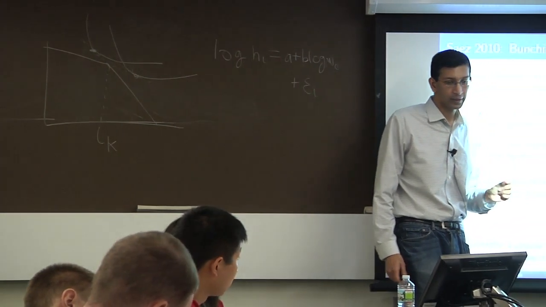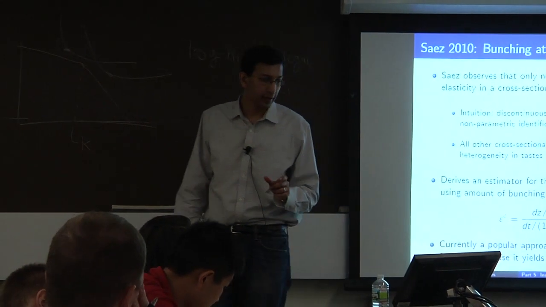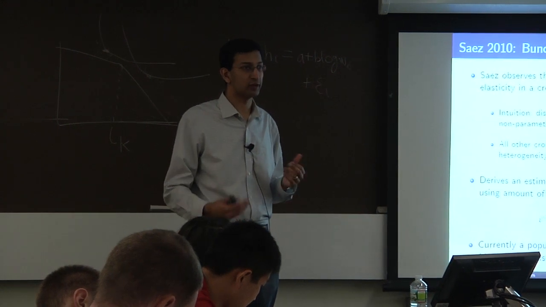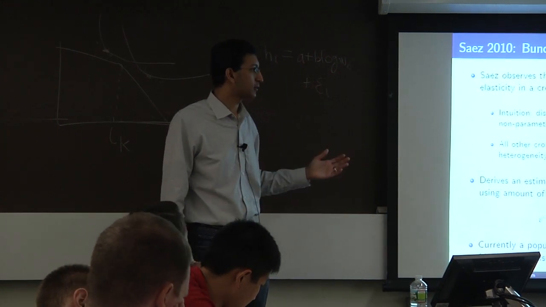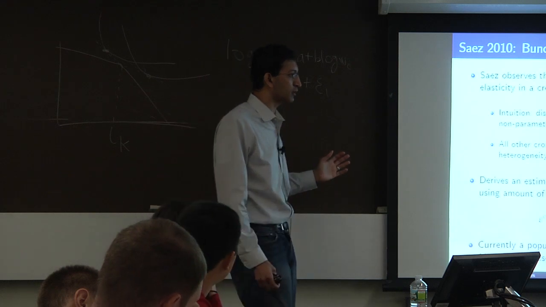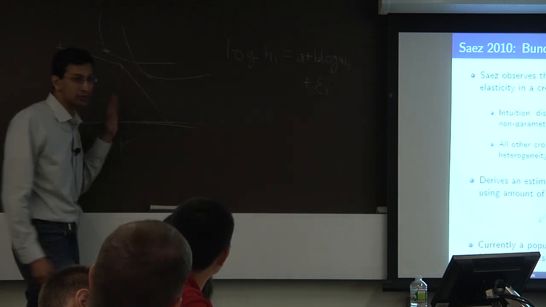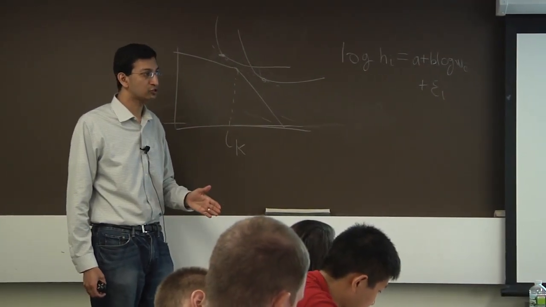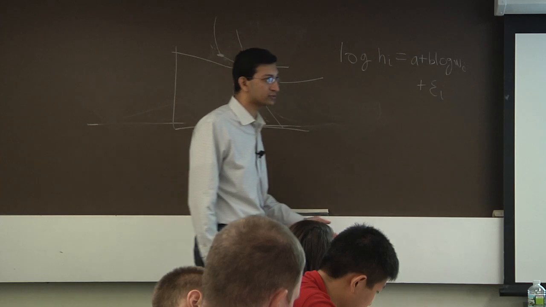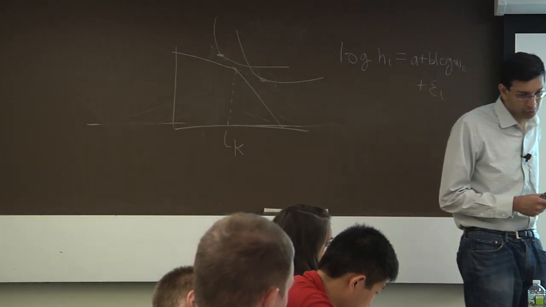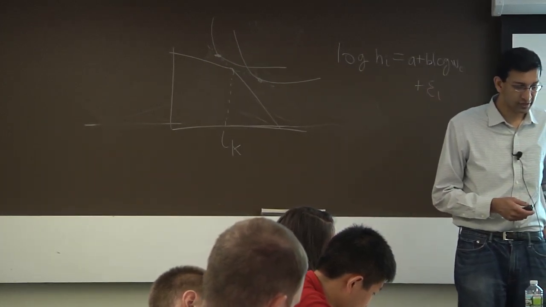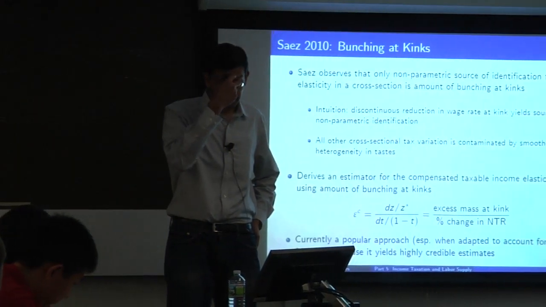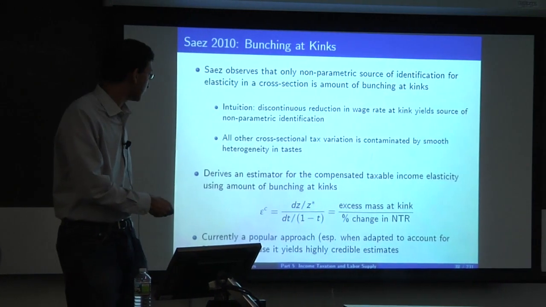And moreover, and this is, I think, important, there is no further information to be had by imposing the rest of the structure of the nonlinear budget set model. Because if you have no idea what that distribution of nu looks like, this is your one and only source of identification. So you might as well just directly map from the amount of bunching at kinks to the elasticity of interest. Okay, so what he does specifically is derives an estimator for the compensated taxable income elasticity using the amount of bunching at kinks, where he shows that, in fact, it's very simple.